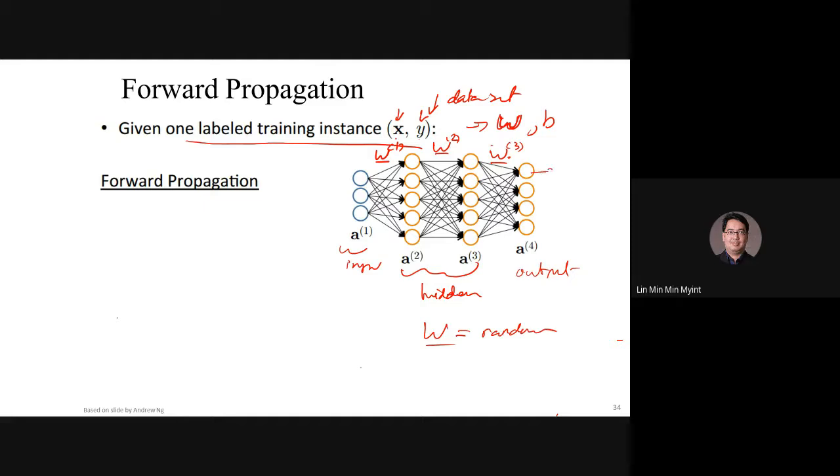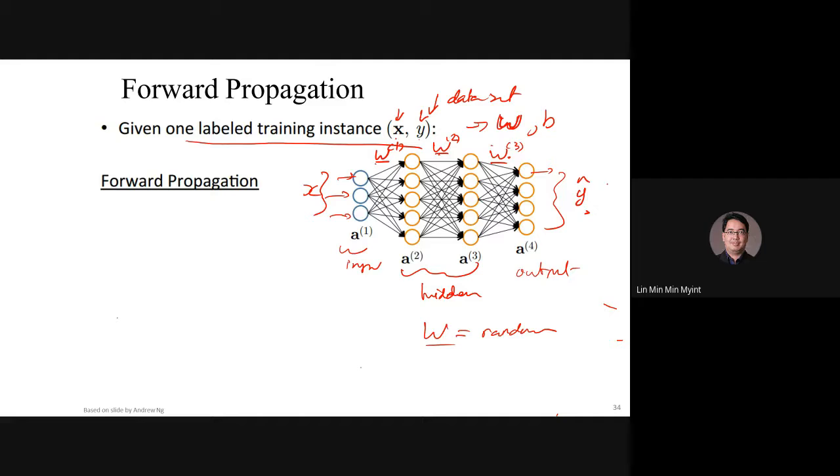Then based on that, we have this input X and this Y. With this X, by using the initialized W, we can calculate the estimated or predicted Y.